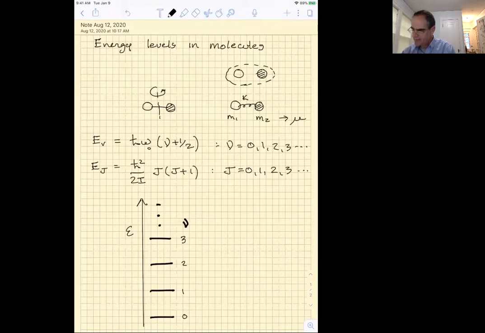However, if we look closely, we'll see that each of these seemingly solid bands is in fact divided into rotational states that are closely spaced. And so we'll have rotational levels that look like this.